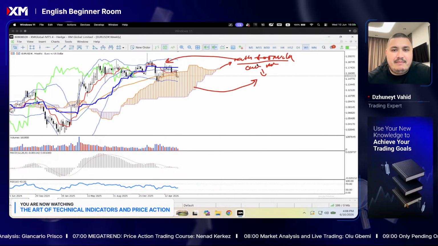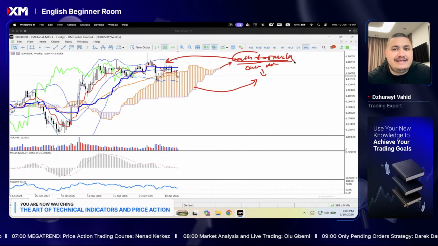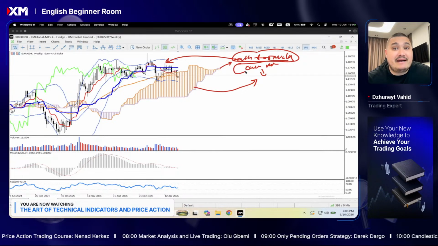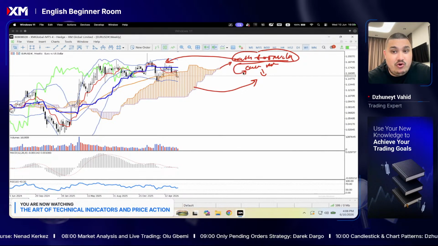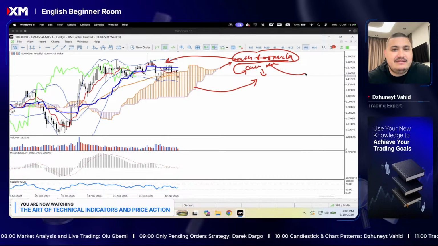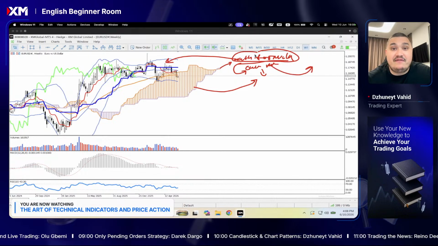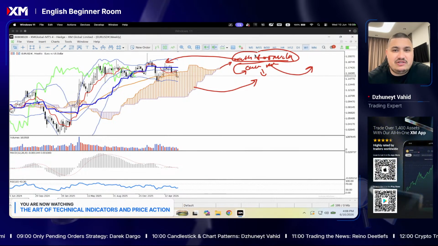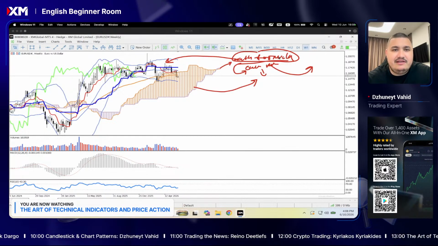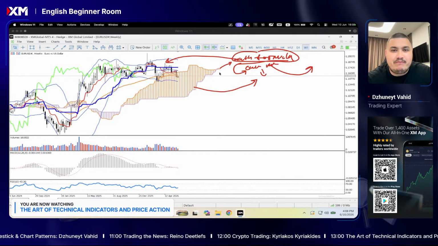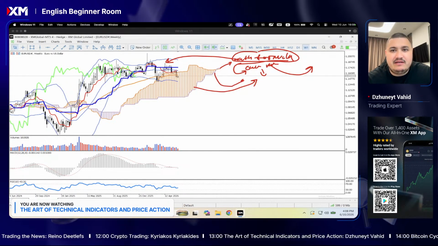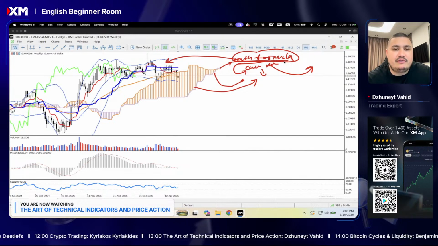A mathematical formula that calculates the price. So if we take price out of that, it is just a mathematical formula. It's nothing else. It's just a formula that needs data in order to present information. If there is no data, this mathematical formula will be useless.